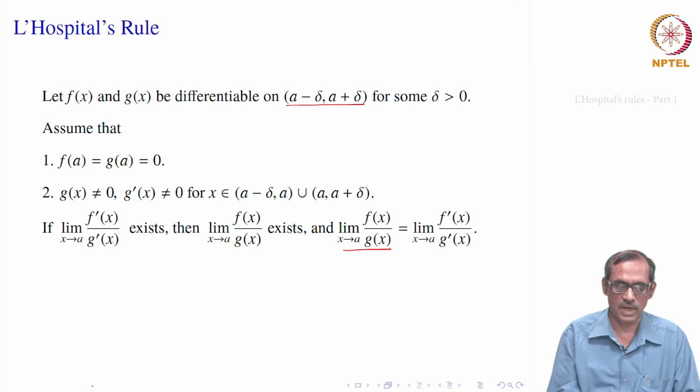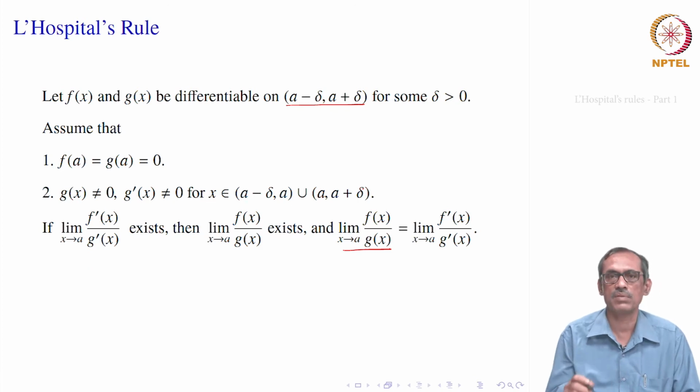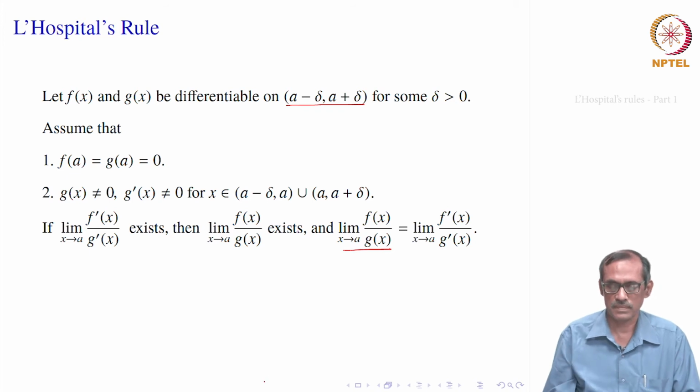So, that is one of our assumptions, and we also assume that g never vanishes in the deleted neighborhood of A, that is at A it is equal to 0, but except that nowhere else in the open interval g is 0. Similarly, g prime is also not 0 in the same deleted neighborhood, whatever delta we have taken there. Okay.